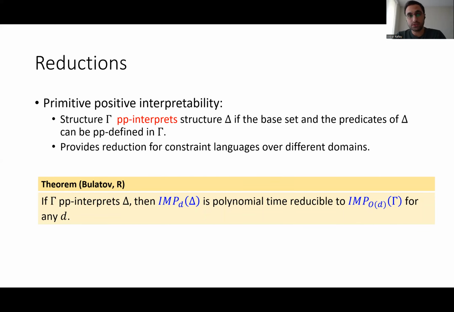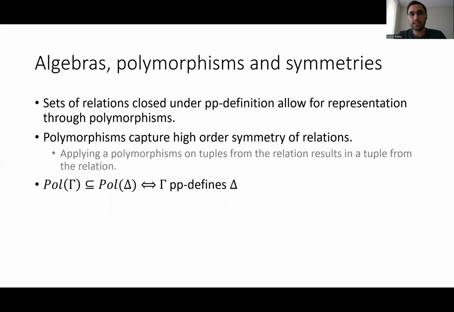This is quite strong and has very nice consequences, namely that we can focus on the algebras and polymorphisms rather than talking about particular constraint languages. So this pp-definition tells us about polymorphisms. And what are polymorphisms? They are identities that capture higher-order symmetry of relations.